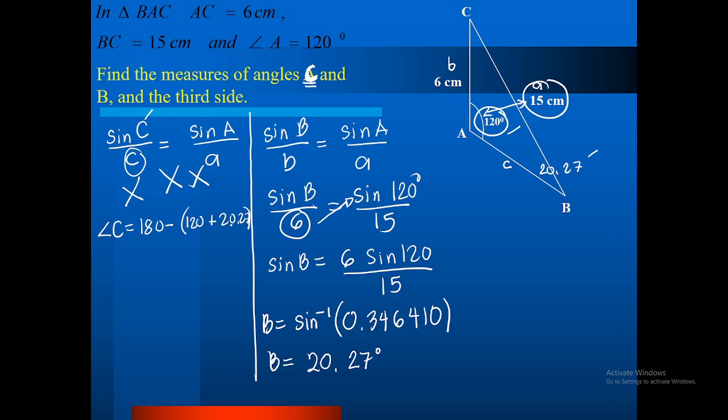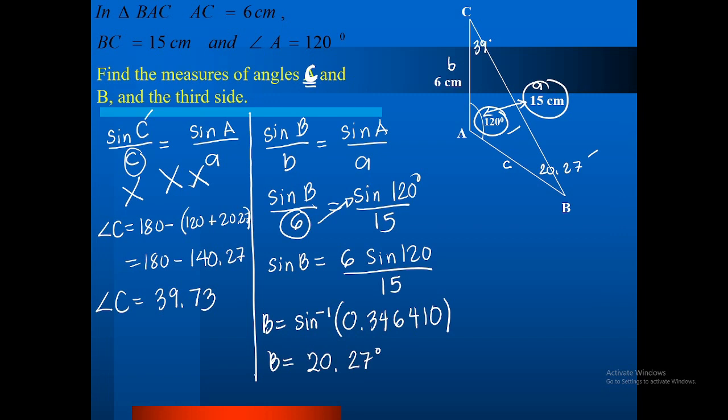How much is that? 39.73. So, we now have angle C, which is 39.73. Okay? So, take note, we now have the angles.